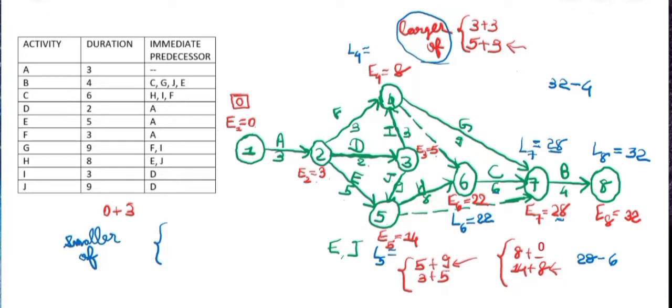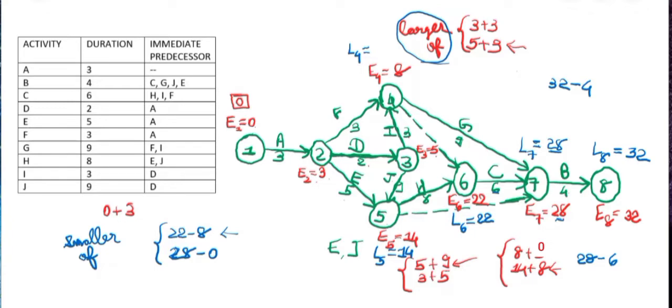We are finding for L5, so it will be either 22 minus 8 or it will be E7 minus 0, that is 28 minus 0. So this is the smaller value, hence L5 will be 14.